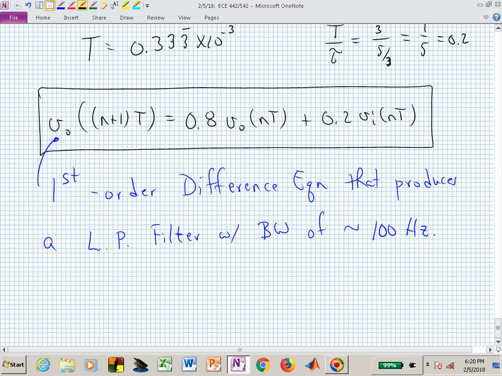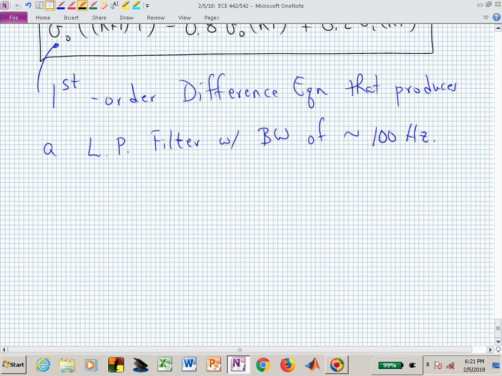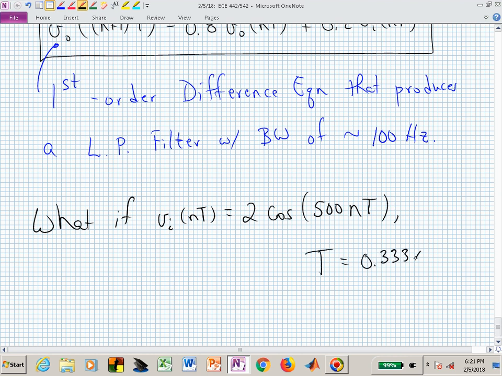What if we actually excited this system, this low-pass filter, with a sinusoid? And to be consistent, let's excite it with what we excited the continuous time filter with, or an equivalent signal. What if V sub I of nT is 2 times the cosine of 500, and now instead of little t, it's the sampled version of that, little n, capital T, where capital T is 0.333 times 10 to the minus 3.